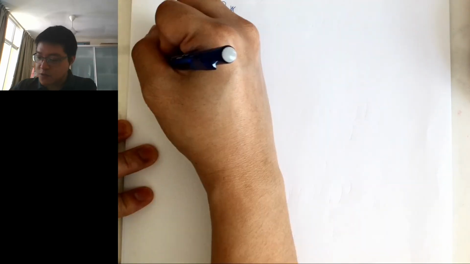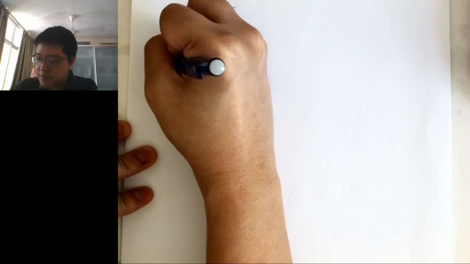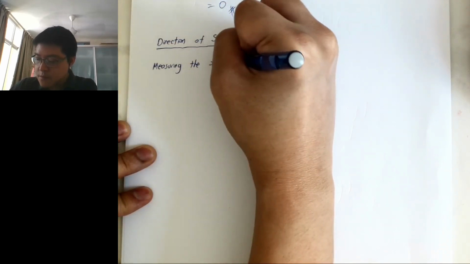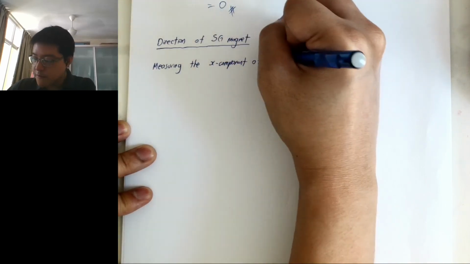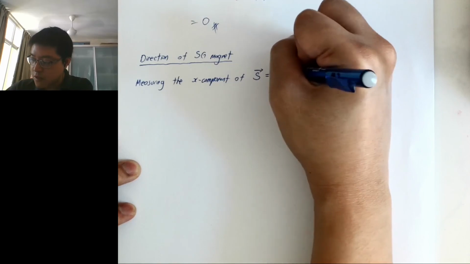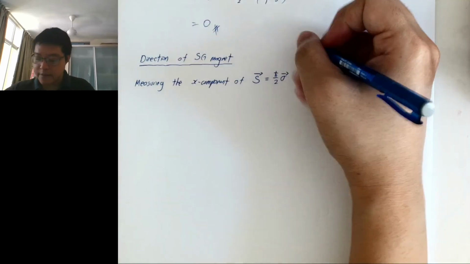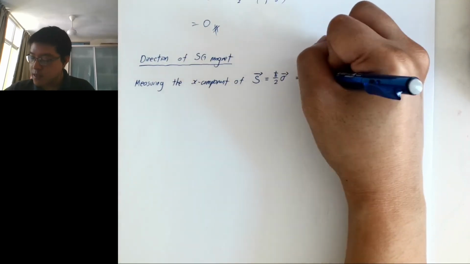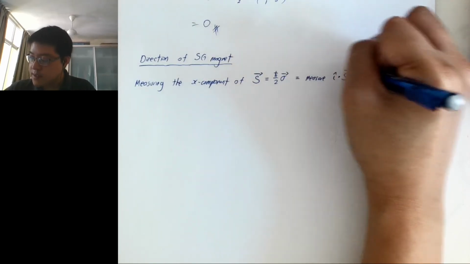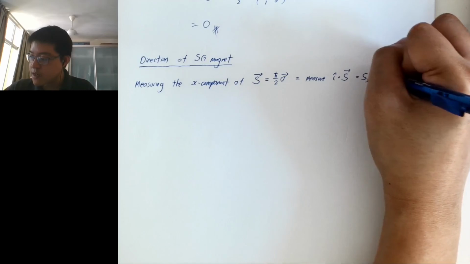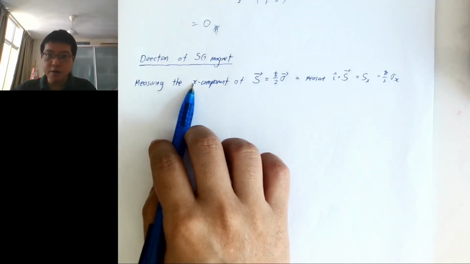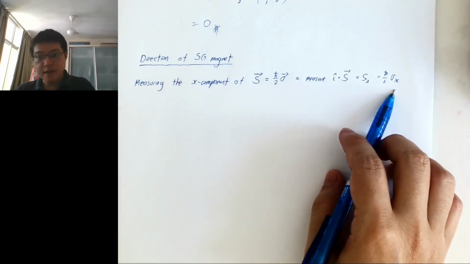Okay, to remind you, last time we were measuring the x component of the spin angular momentum, which is basically h bar over 2 of the Pauli matrix, right? So it is the same as measuring the dot product, so it's basically Sx, or just h bar over 2 sigma x. If I want to measure the x component, I do sigma x.